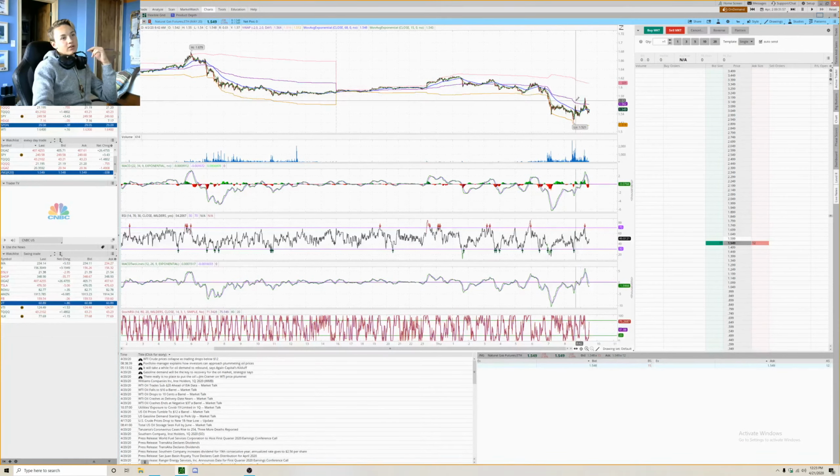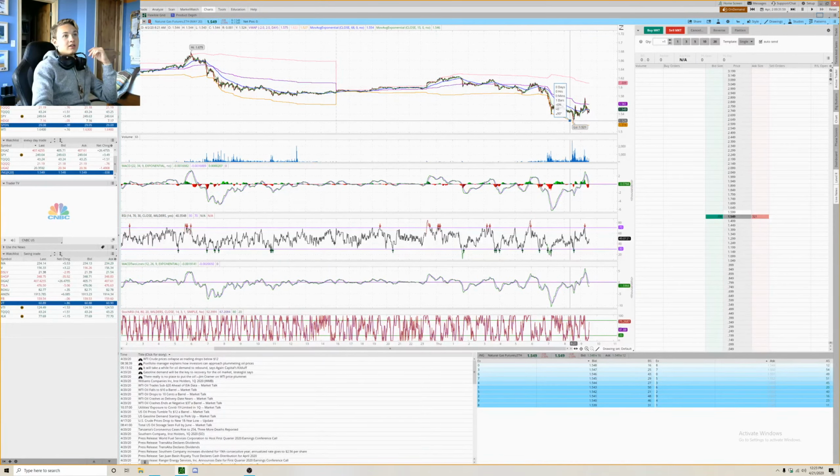So like, alright, there's a push here. Big push right there. DGAZ had a pretty big push, which means it's creating an upward trend line, which means it's a good time to buy UGAZ.